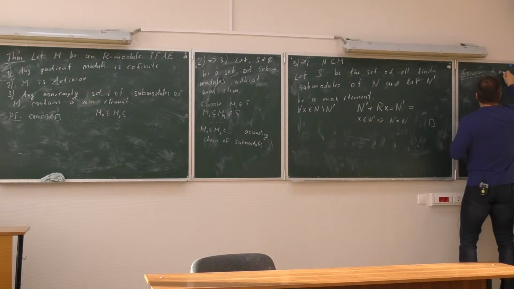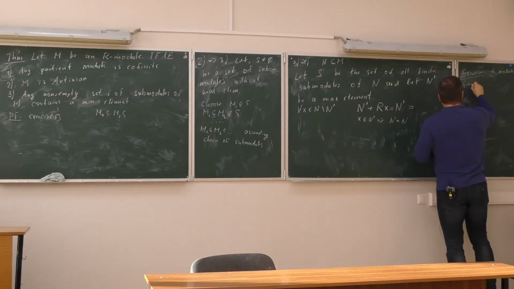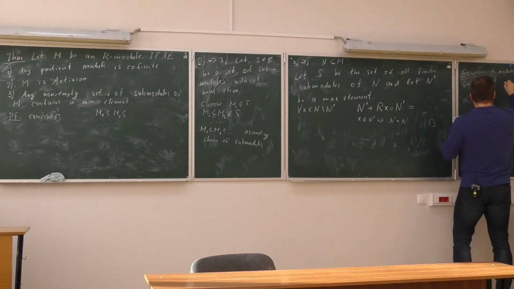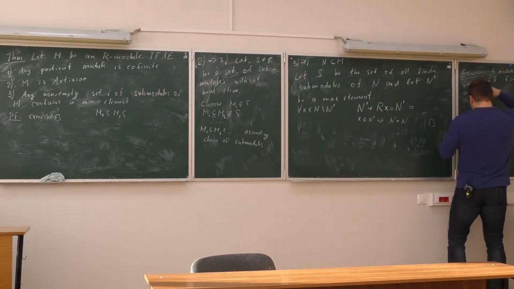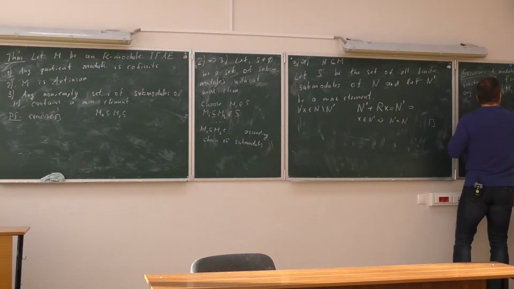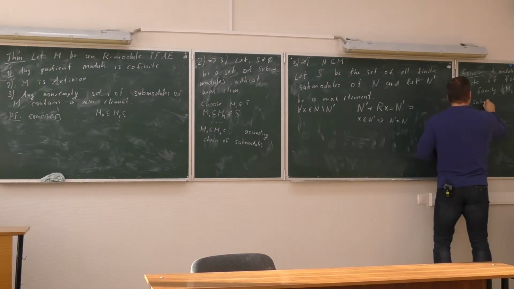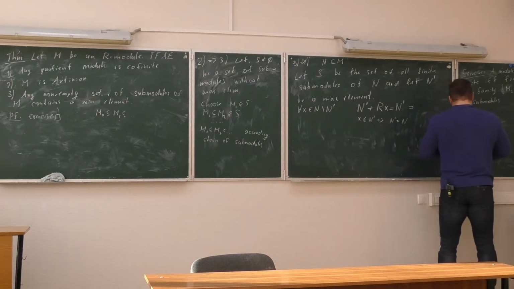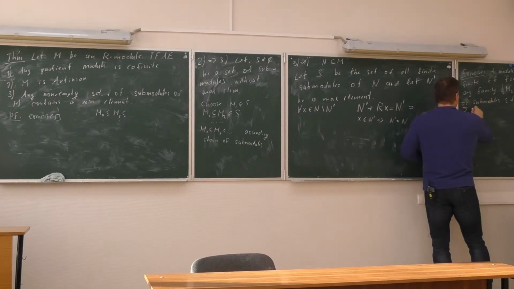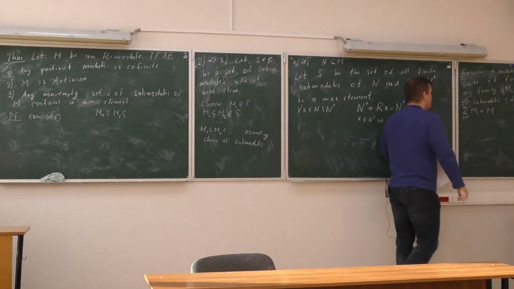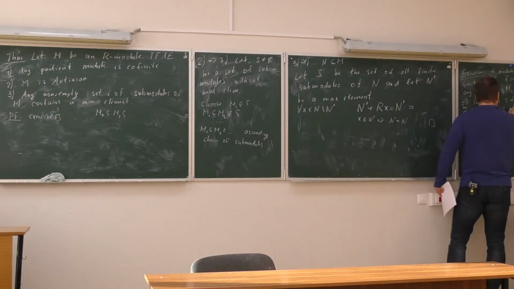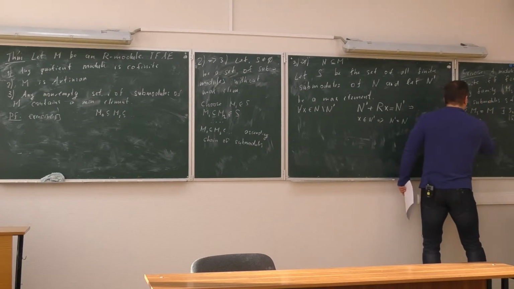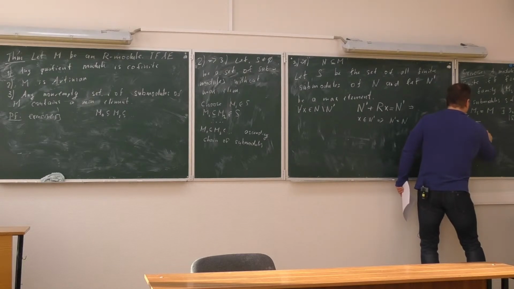A module is finite if and only if for any family of submodules, parameterized by set S, such that if you take the sum of these submodules, you get the module, there is a finite set S0 inside S such that actually you can take this finite sum. So the sum is not over S, but over S0.